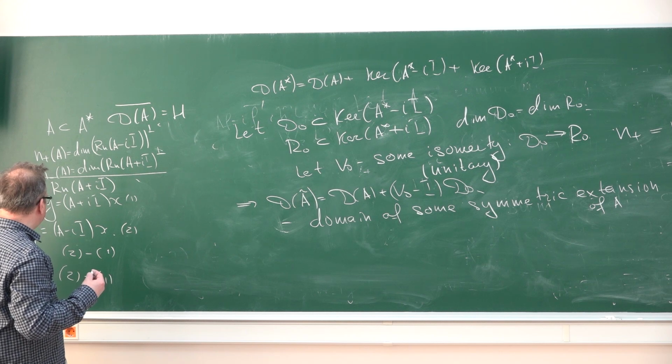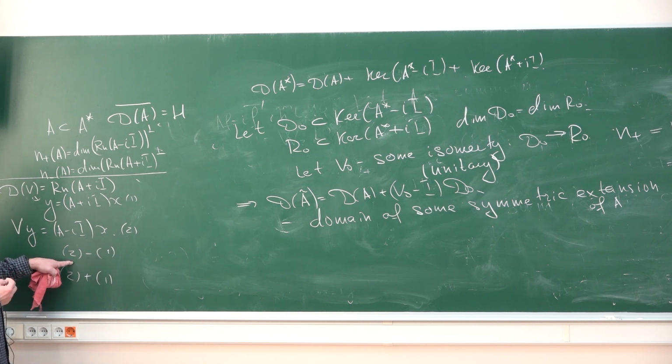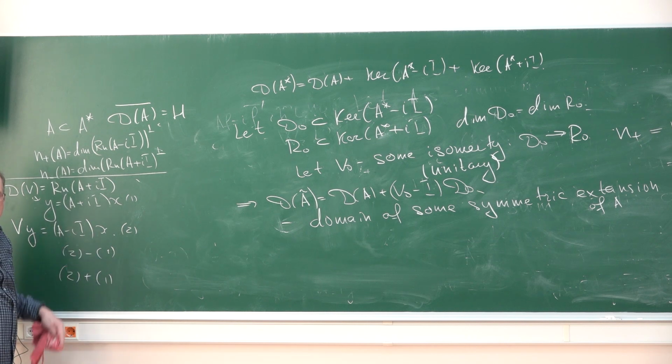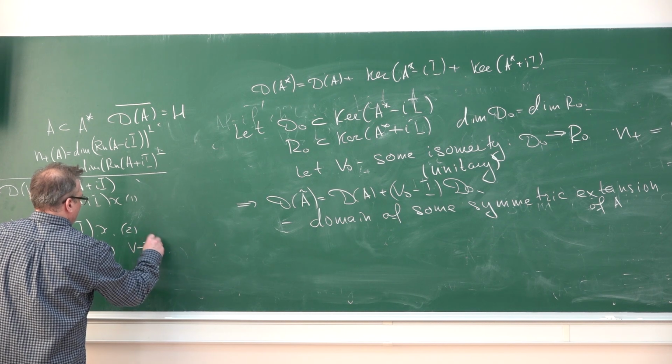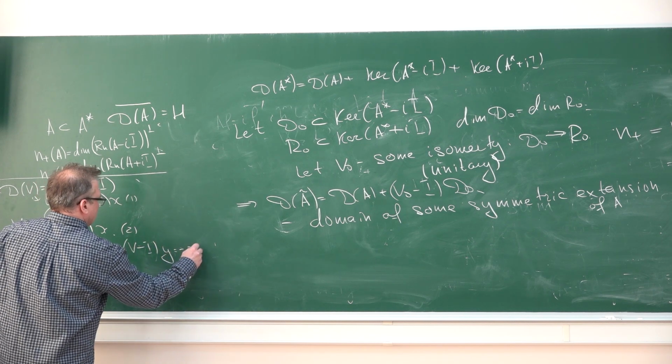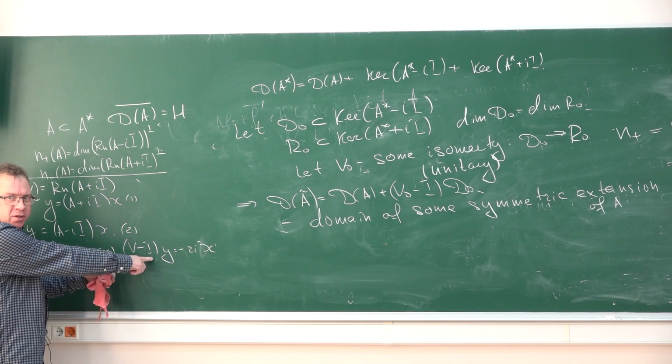Unfortunately, I took away these formulas, but we have some remainders here. When we write the difference, 2 minus 1, we cancel A, so we obtain that x is just a domain of operator A, yes? So V minus I is the domain.